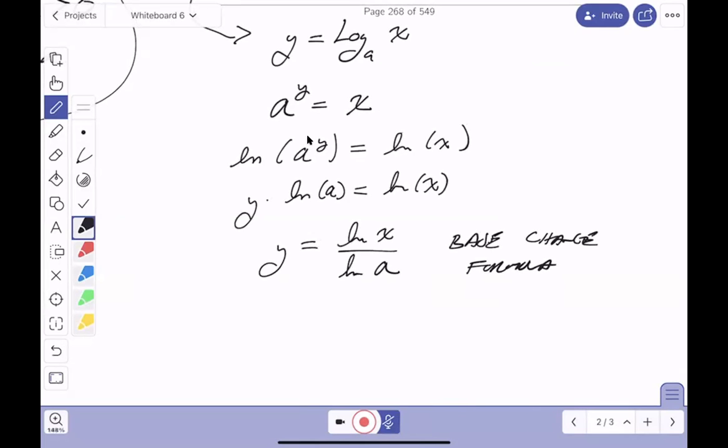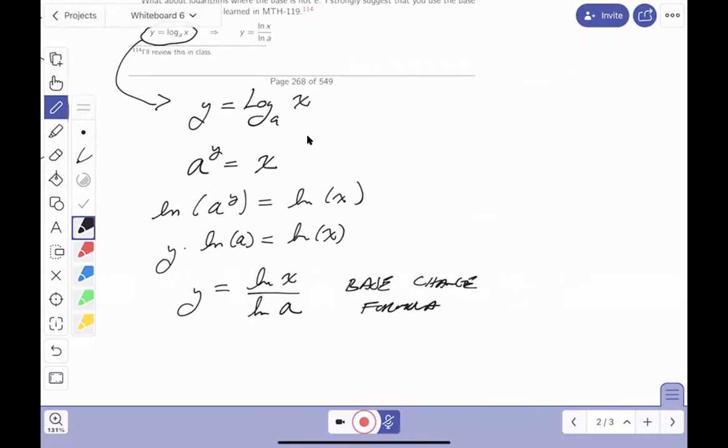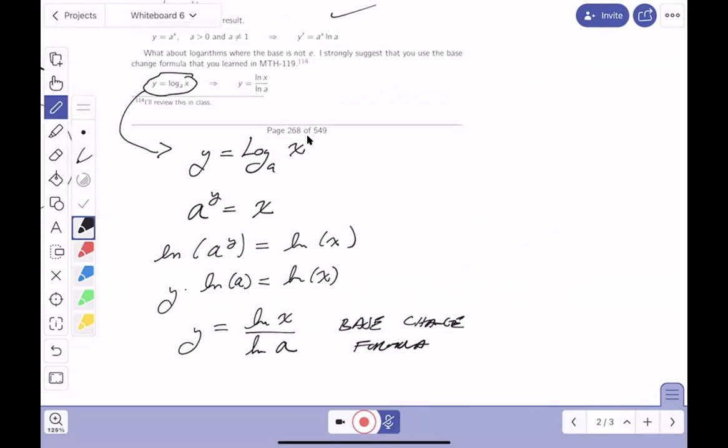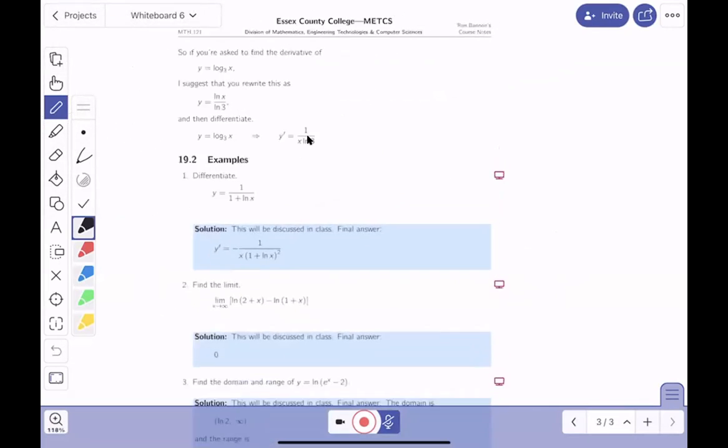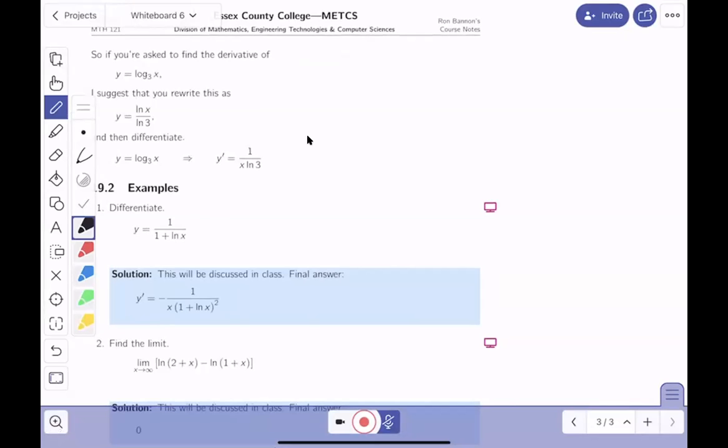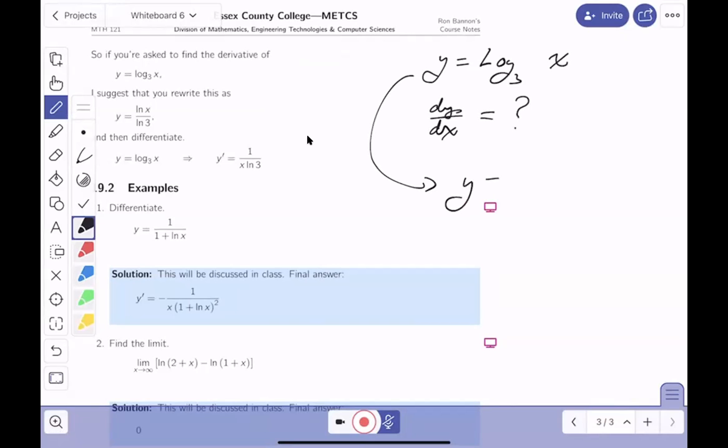Now, why is this going to be nice? Well, we're in calculus. It's going to be nice because we can take derivatives now. What do we take derivatives of? Certainly a natural log. Let's go to the next page and see if we can do it. Let's write this down. So y equals log base 3 of x. But let's say someone said, what's dy/dx? I say, I don't know. What I'm going to do though is rewrite this using the base change formula we just derived.